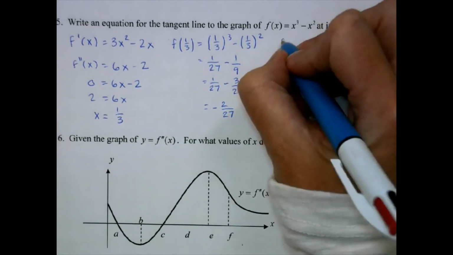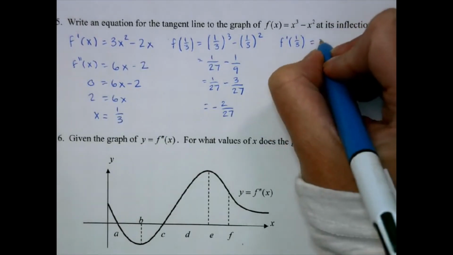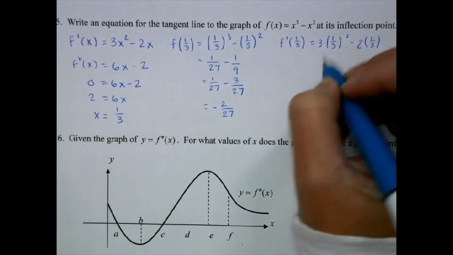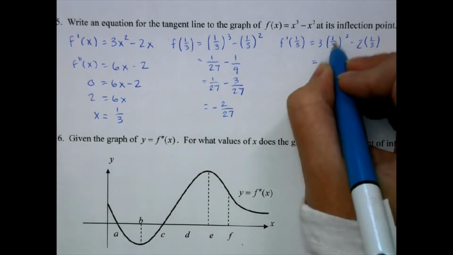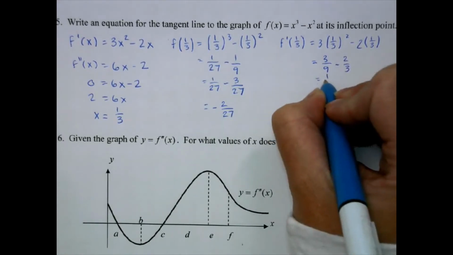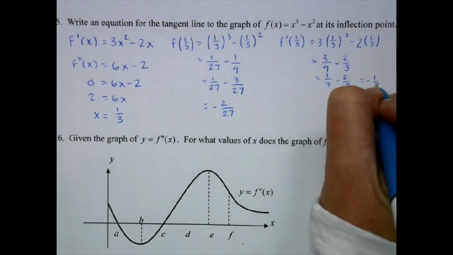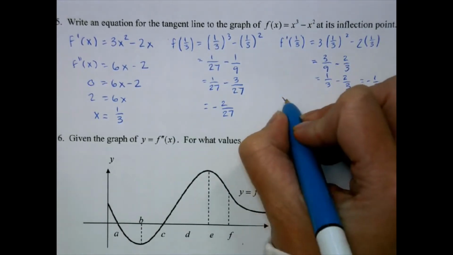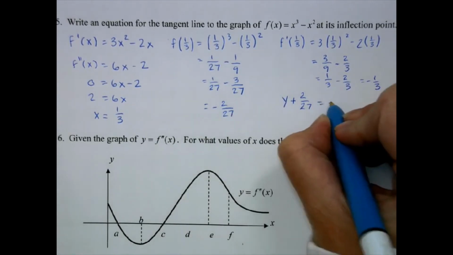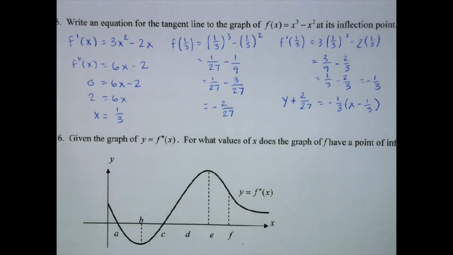For my slope, we'll plug our 1/3 into the first derivative. So this is going to be 1/9 times 3, so 3/9 minus 2/3. So it's really 1/3 minus 2/3, which is a negative 1/3. Okay, so y plus 2/27 equals negative 1/3 times x minus 1/3 would be the equation for my tangent line.